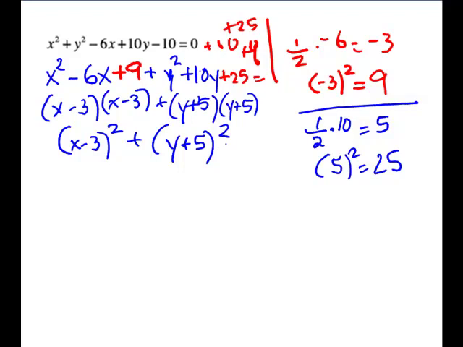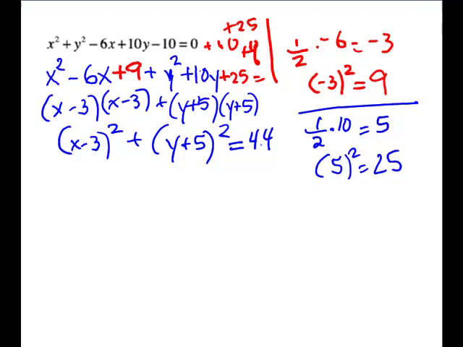Over here, let's see, I have 10, 25, and 9. So 35 plus 9 would be 44. And so I'm in the proper form.